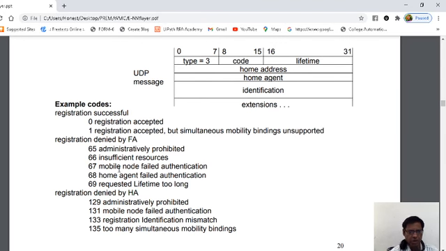So this is about the mobile internet protocol in mobile networks.